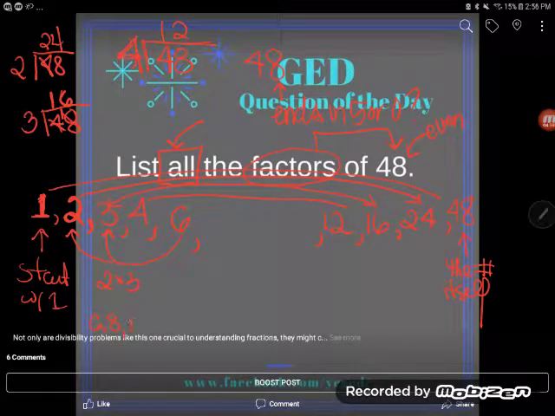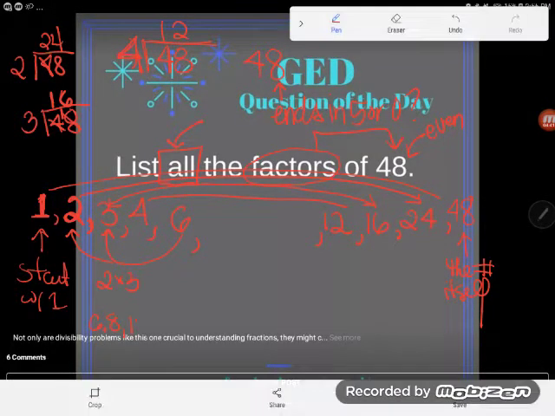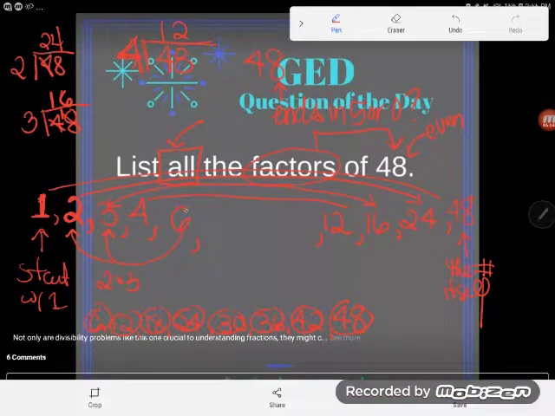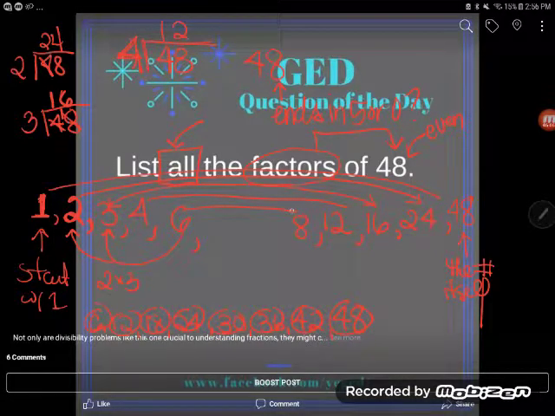Let's really count by 6 this time: 6, 12, 18, 24, 30, 36, 42, 48. And you can see when I counted by 6, 1, 2, 3, 4, 5, 6, 7, 8 times, I got 48, which means 6 times 8 is 48.